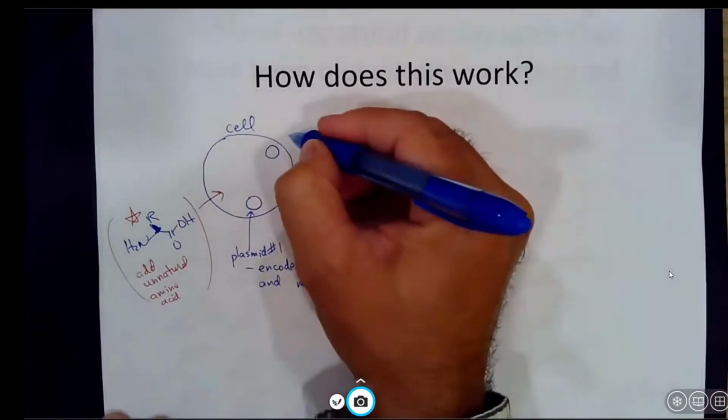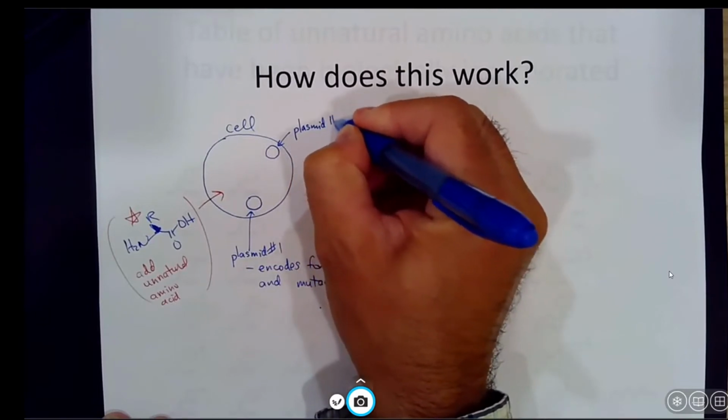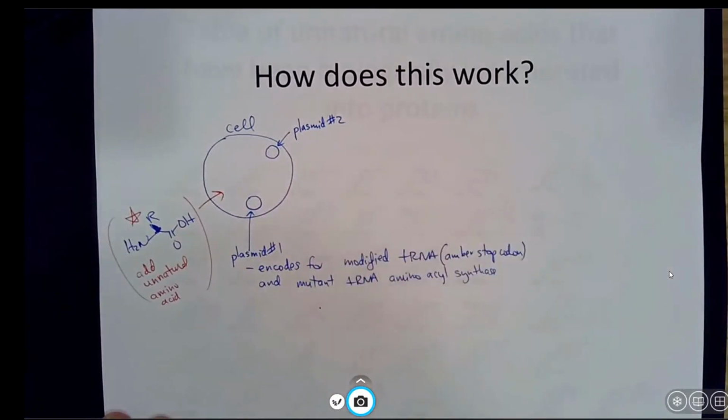Number two will be plasmid number two, and this is going to contain the protein that you are interested in. So this will encode the protein and the mRNA of interest with the amber stop codon.